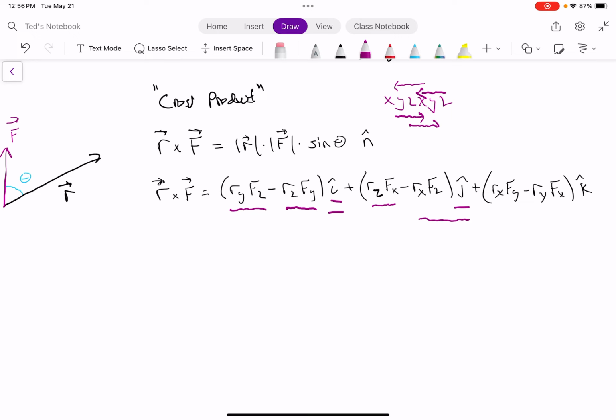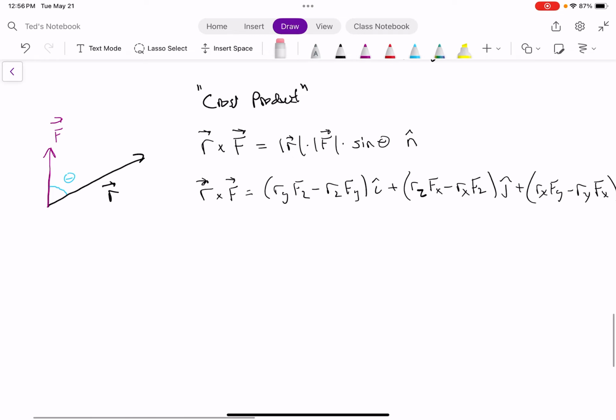Here this is X, Y, Z, which is in the positive order, so that's forward. And here this is Y, X, Z, which is in the backwards order, so that's negative. You can also oftentimes look up the formula for cross products. There are also other ways to help remember it, but that's how we calculate a cross product.